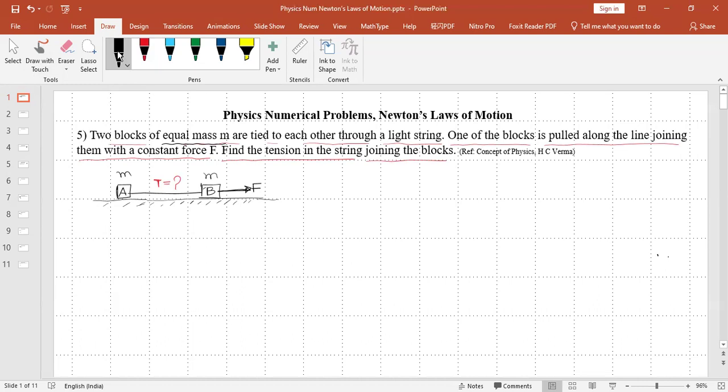So to start with, let's consider both blocks and the string as a combined free body.